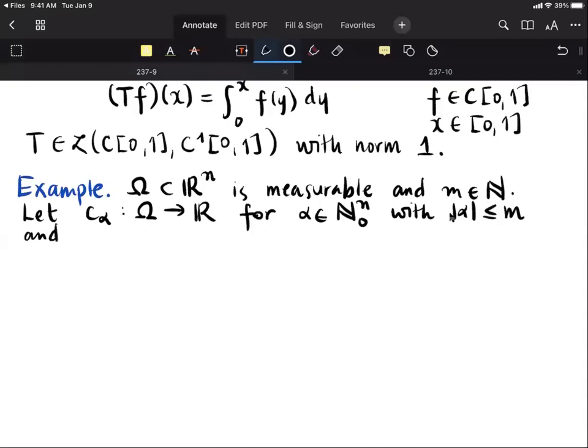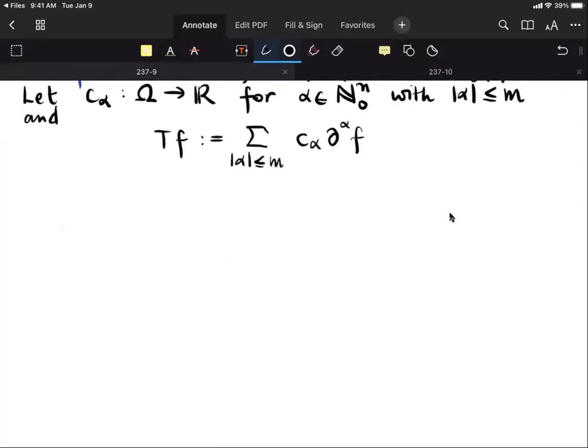And let us formally define the operator T to be the following linear differential operator having coefficients C sub alpha. Here, the derivative can be, let's say, the strong derivative or your weak derivatives. Depending on the properties of your coefficients, we have the following.